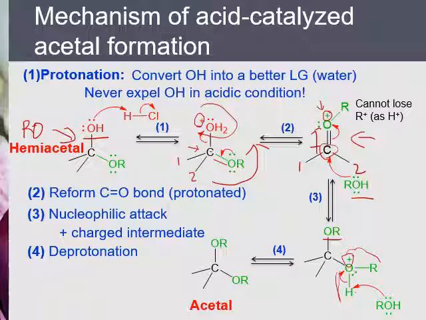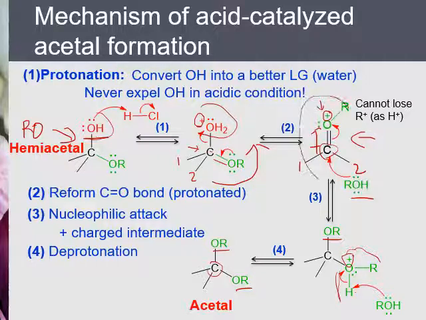So in this acetal, the carbon has two alkoxides. The reaction here involves four steps. The first step is the hemiacetal protonation, to make hydroxy a better leaving group, and then reform the C-O double bond.